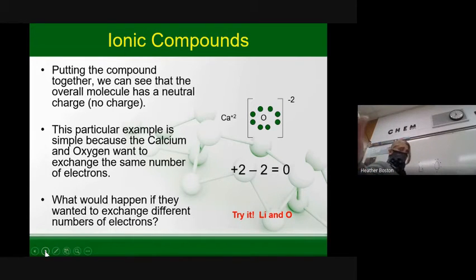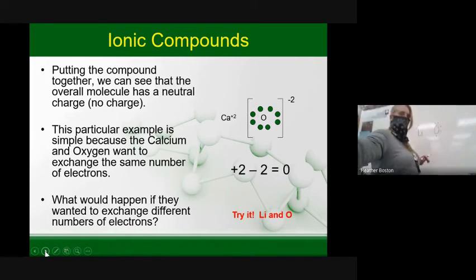So oxygen needs 2 more. Lithium only has 1 to give. That's why in order to form a compound, oxygen will grab 2 lithiums. Lithium will donate its electrons to oxygen, and the formula for lithium oxide is Li2O.